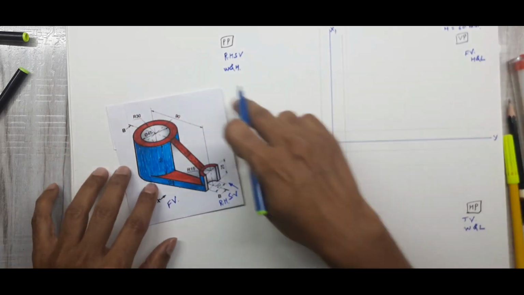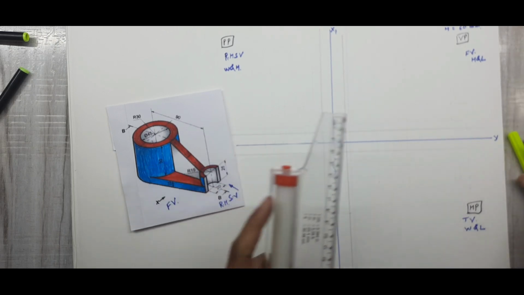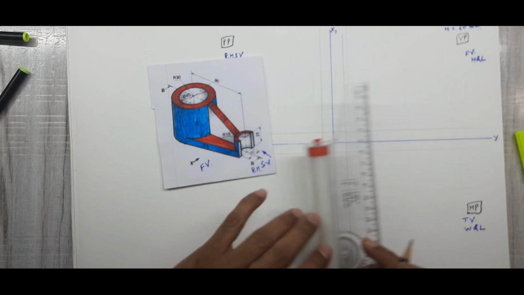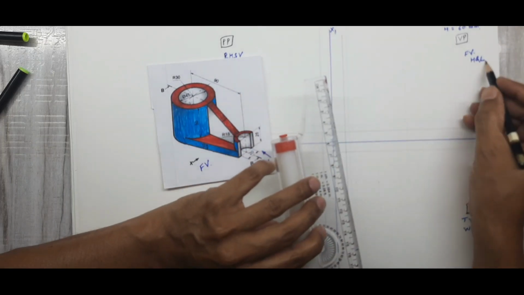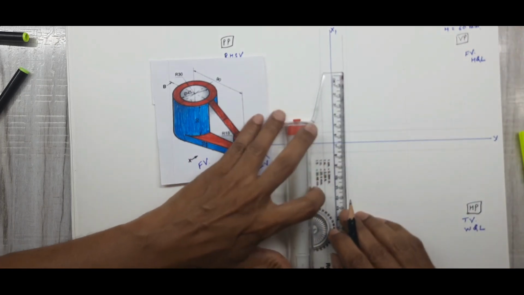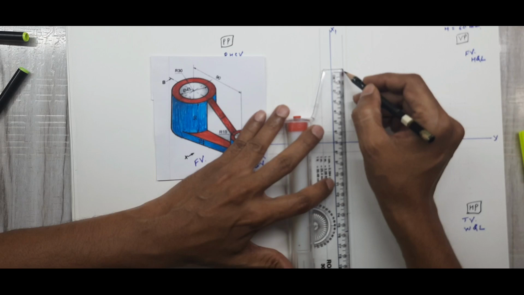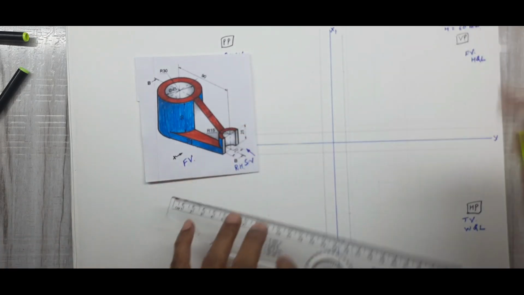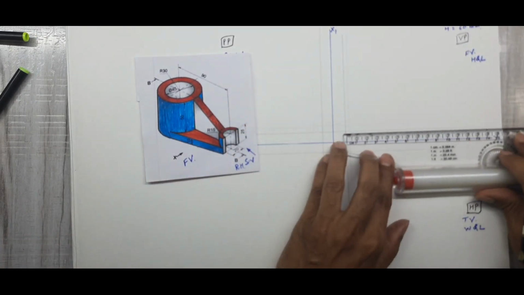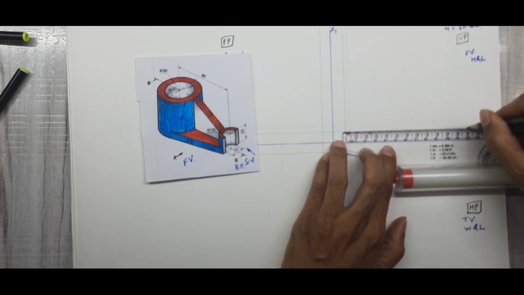So for that reason we have already found all the dimensions. Now take a scale or a roller and mark H and L. H is the height, which is already 60, so I'll mark a 60. Then length 120, length I mark.